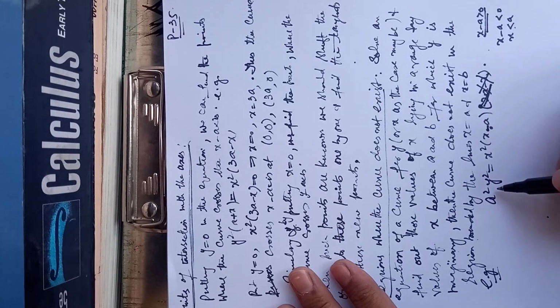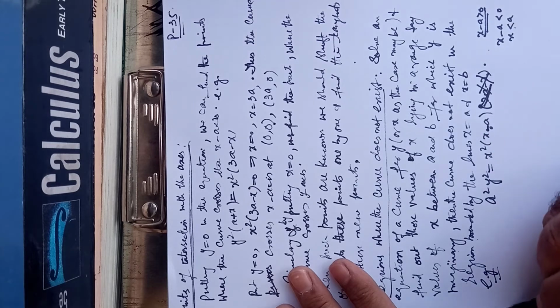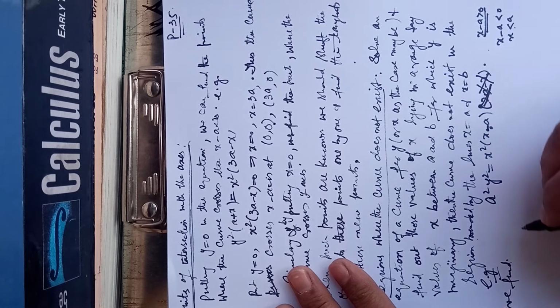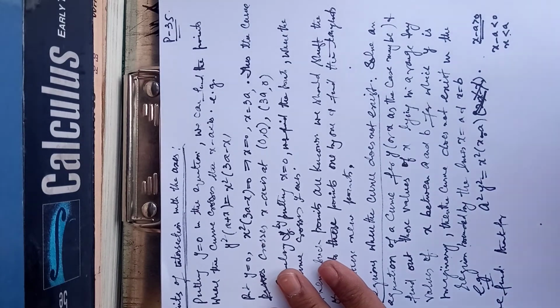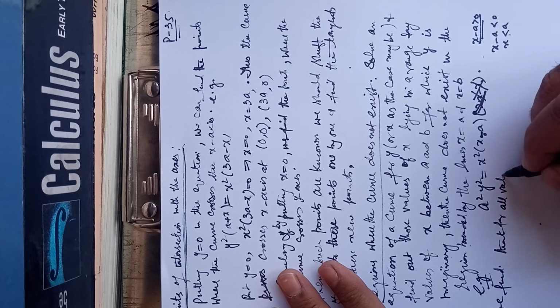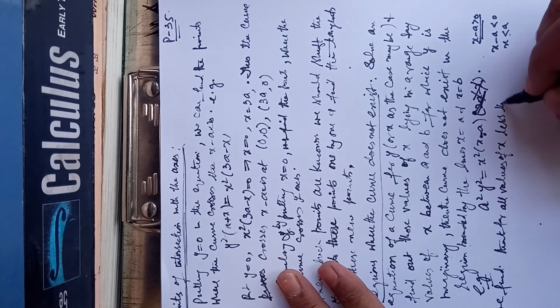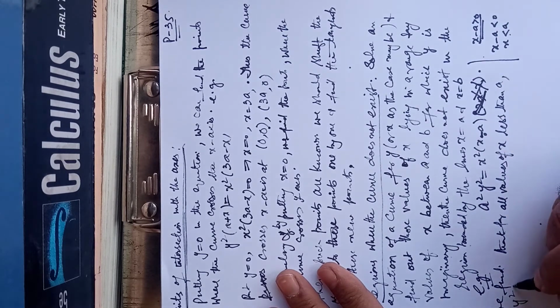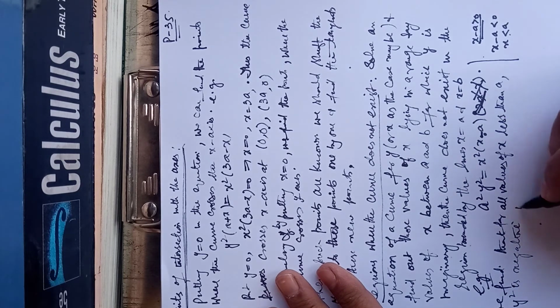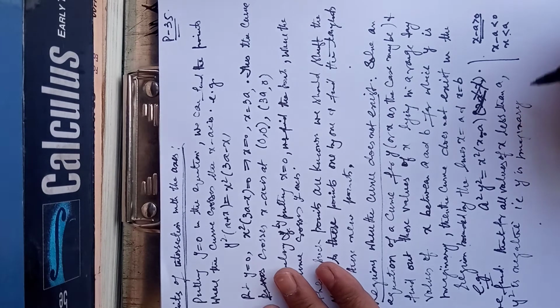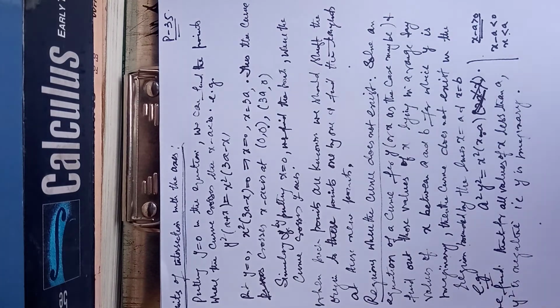So let me write it. For this curve, we find that for all values of x less than a, y square is negative. That is, y is imaginary.